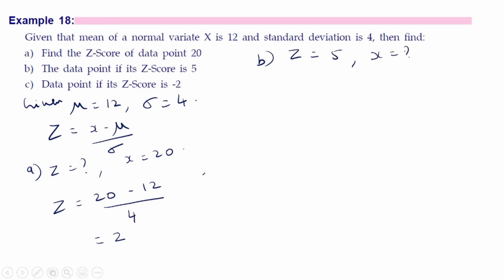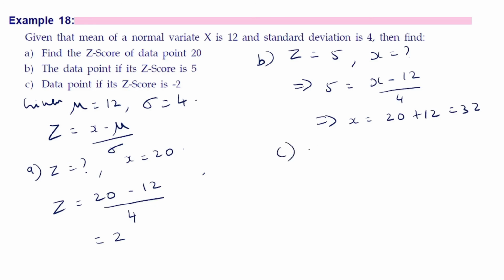Using the same formula, we substitute z as 5 and find x. So 5 is equal to x minus 12 by 4, and from this we get x is equal to 20 plus 12, which is 32.